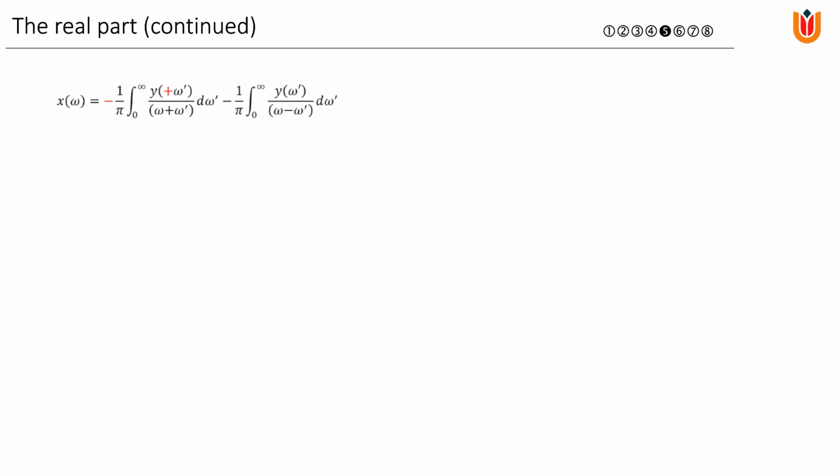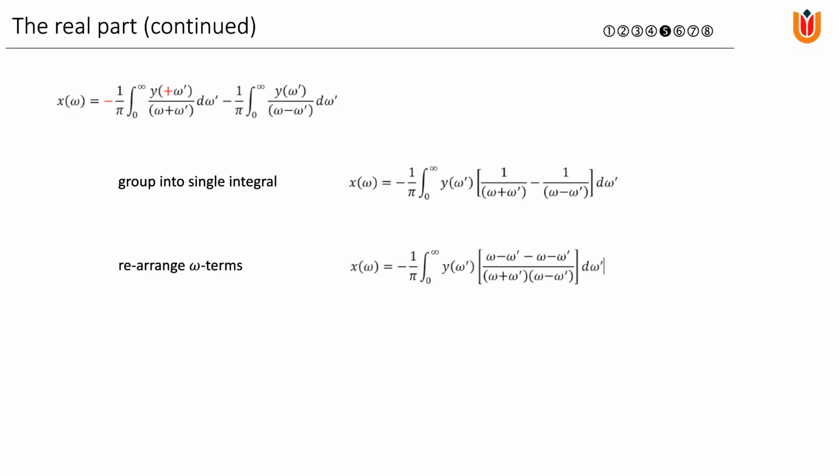From this expression, because the integration boundary is now both from 0 to infinity, we can put it into a single integral. Take i out of the square brackets here. These are the terms that we can cross multiply. Within the brackets, rearrange these omega terms, and you see this.